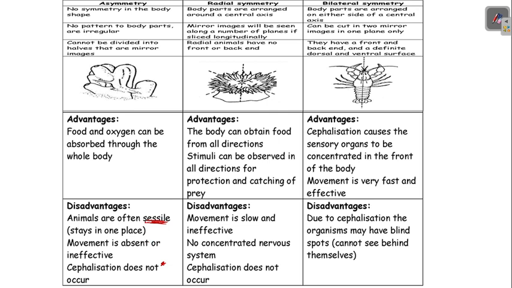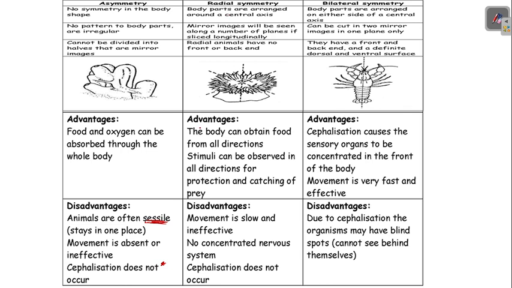Their sense organs basically are not concentrated on the anterior end of the body. Yeah? So why is this a disadvantage? They fall prey to their predators easily because they cannot anticipate or locate their predators.